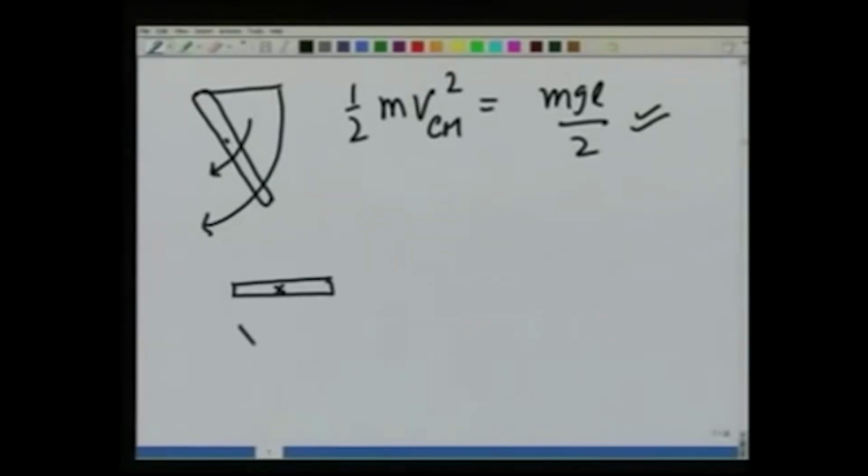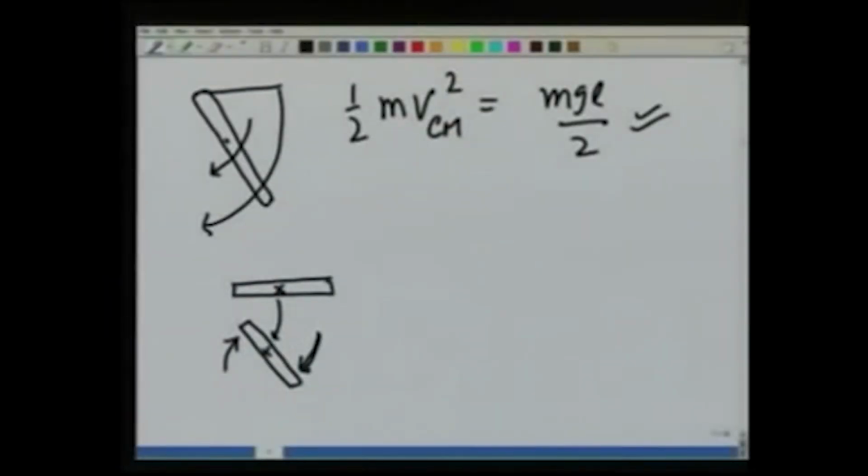When the rod comes in this position, not only has the center of mass moved, you see with respect to the center of mass, the body has also rotated like this. So, in coming down like this, the scale is performing two motions. The center of mass is moving, and the scale, as you can see, is changing its orientation with respect to an axis passing through the center of mass. It is rotating, and it is rotating exactly by the same angle as it was rotating about O.